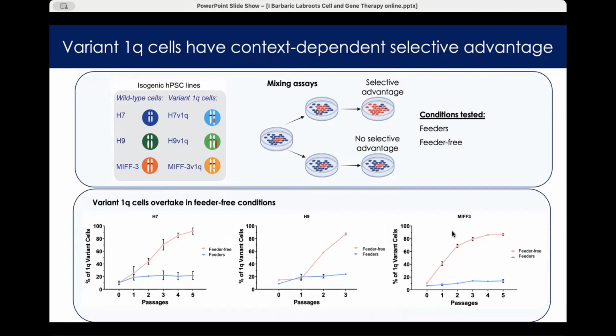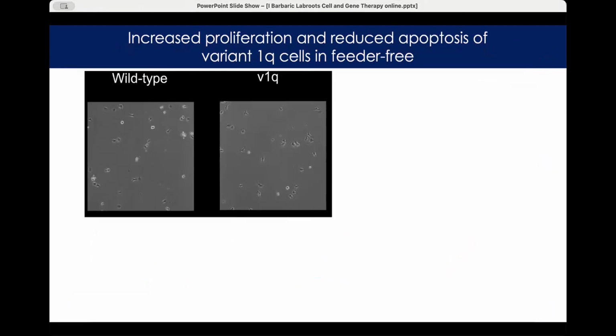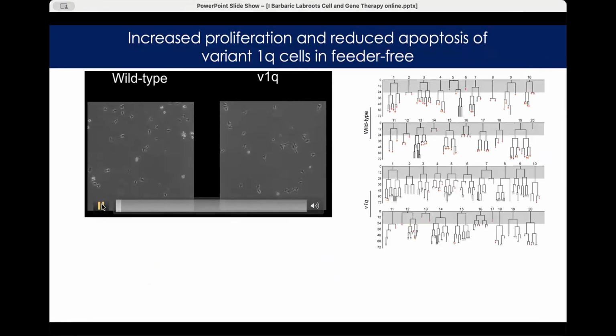what underpins selective advantage of 1q cells in feeder-free conditions, we performed a series of phenotypic assays, including these so-called time-lapse clonal analysis assays, where we plate wild-type cells and 1q counterparts in feeder-free conditions. And we're essentially looking at the ability of these single cells to reinitiate colonies.